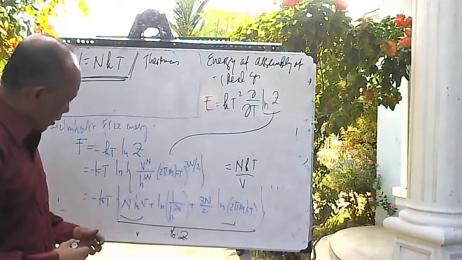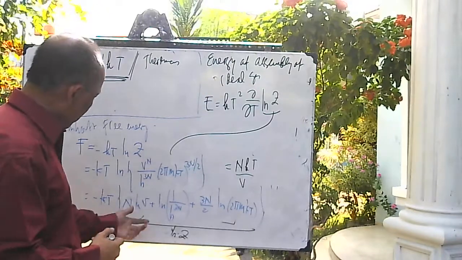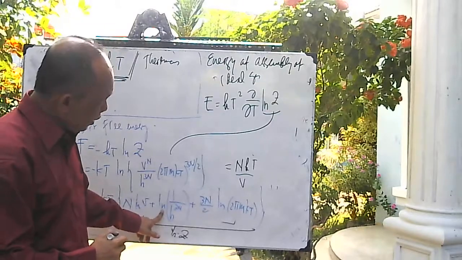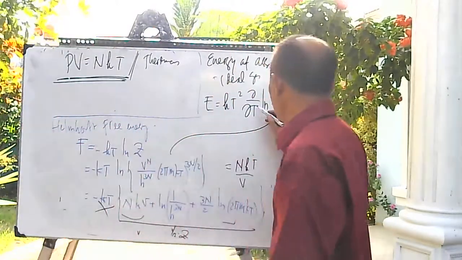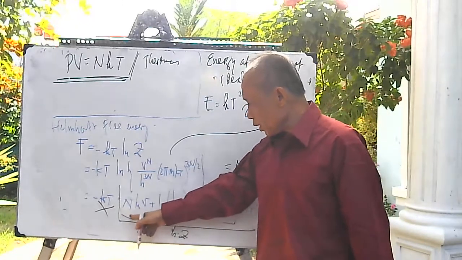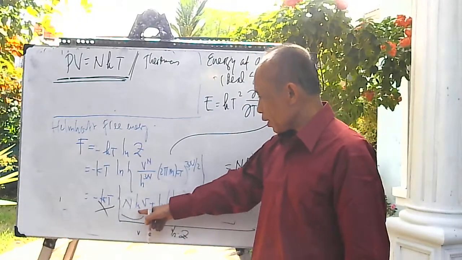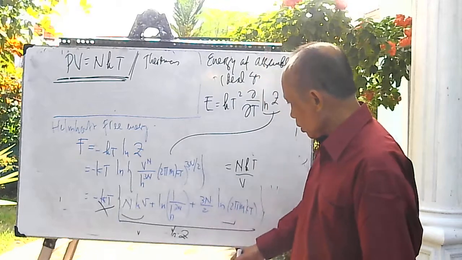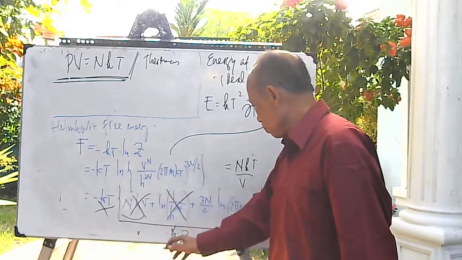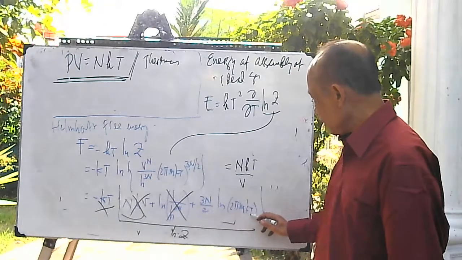Okay. Now, if we look at this expression, we don't use this one. If we look at this expression, because we will derive against temperature, we are looking for the term that contains temperature. Here, no temperature, they will become zero. No temperature become zero, and temperature is here.